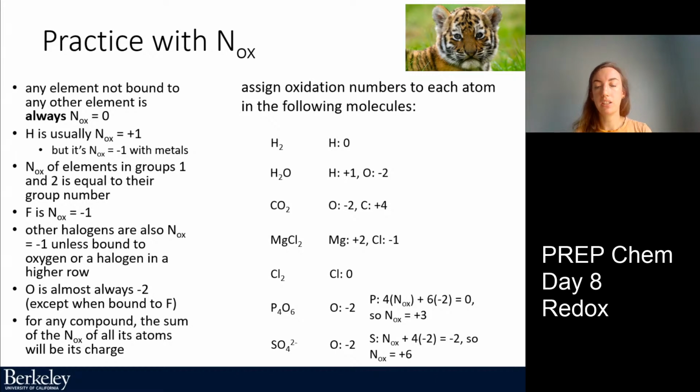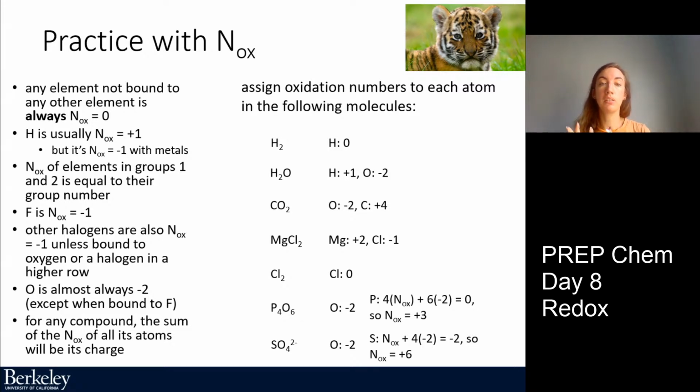How would you determine the oxidation number with just the periodic table? So you can't always, but it does go back to our discussion about valence electrons. Elements in that first group have 1 valence electron, so they're going to want to lose that valence electron, become oxidized, and have a +1 oxidation number.